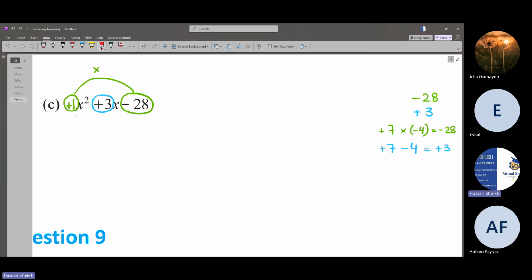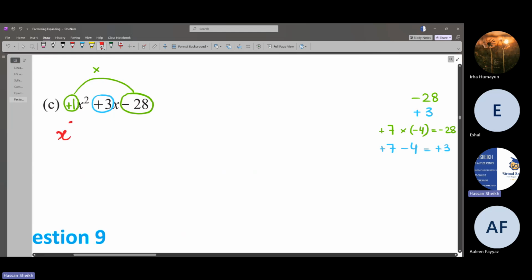Okay. Now, let me tell you the second step. Once you find those two numbers, which give you the product and the sum, you just need to write this expression or equation. Just write x squared and minus 28 as it is and break the middle term. How? Like this.